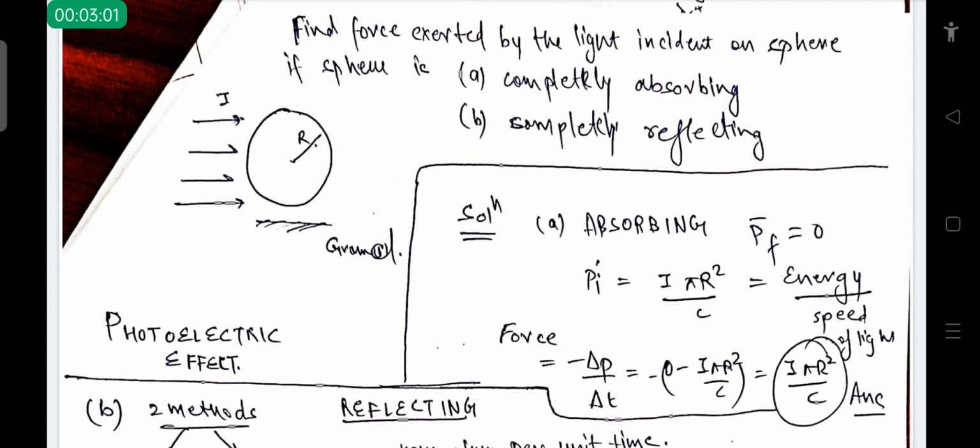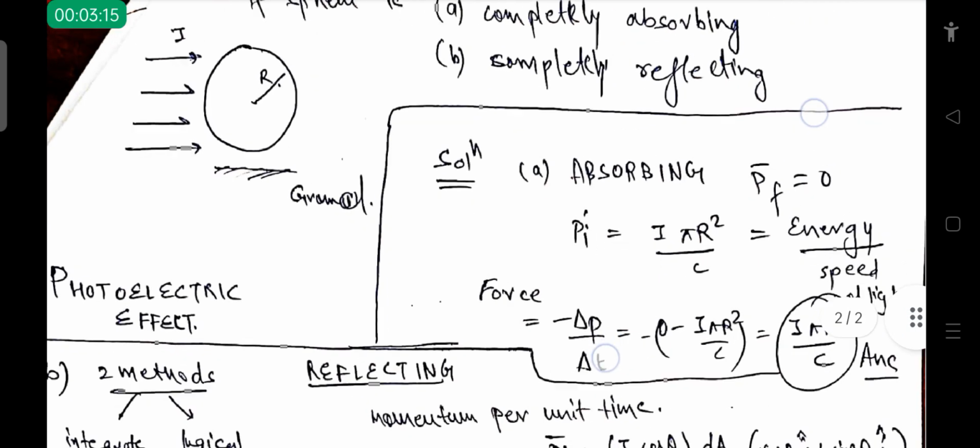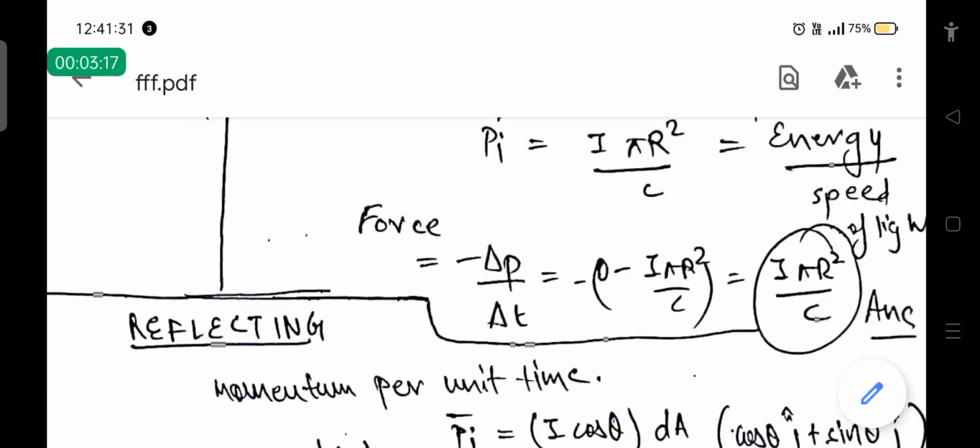So energy can be written as intensity into area. The area on which this light falls is basically pi r square. So initial momentum would be equal to I into pi r square by c, which I have written here.